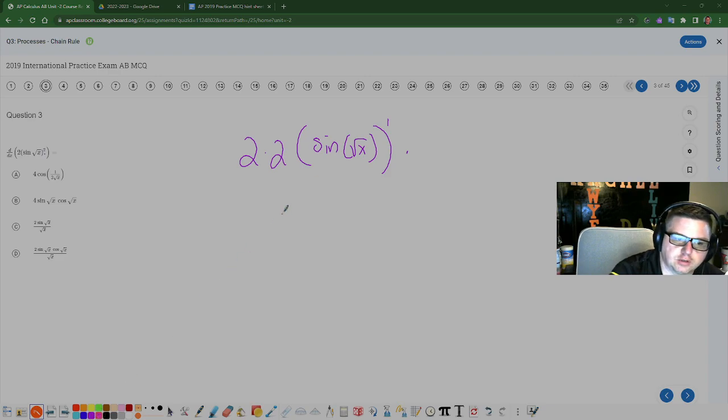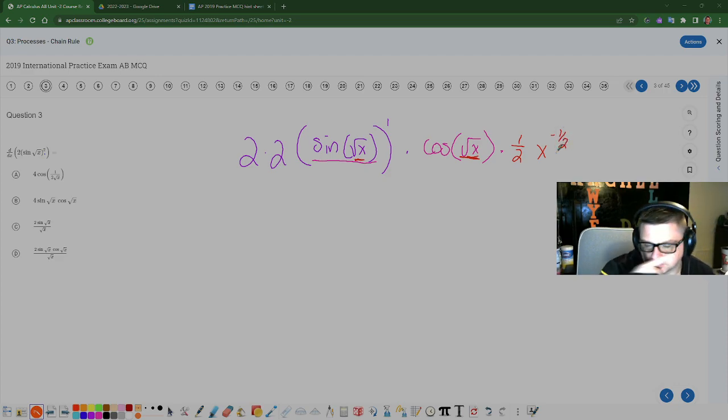So the nested function is the sine function, as we do the outside. So the derivative of sine is cosine of the square root of x times, and why? Because we have another nested function. We have the square root of x, so that's going to be 1/2 x to the negative 1/2 power.